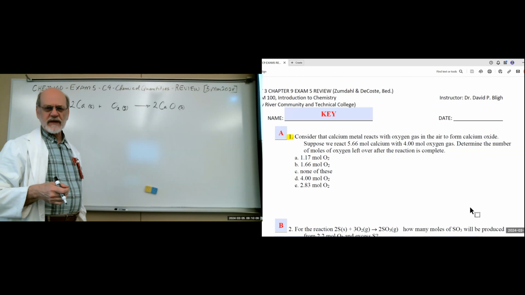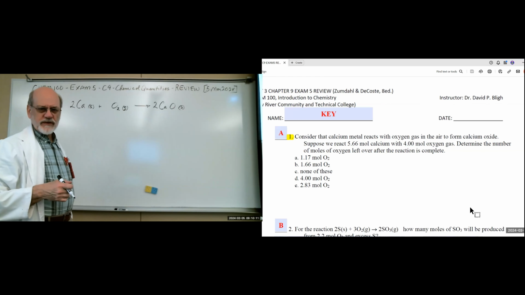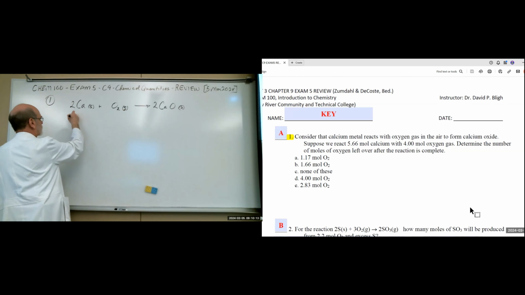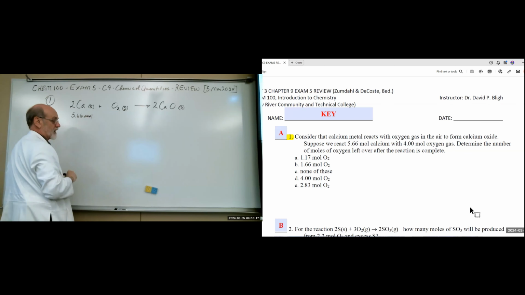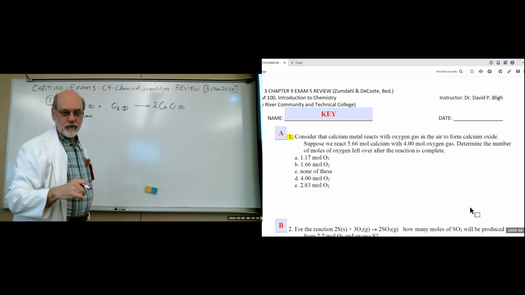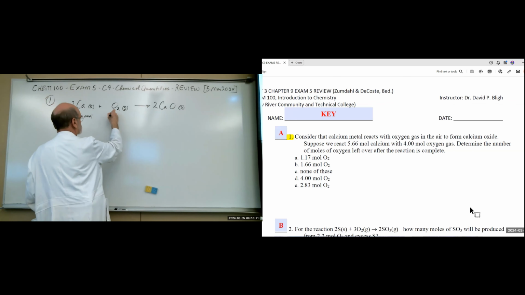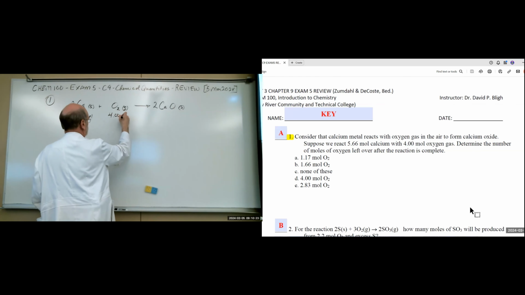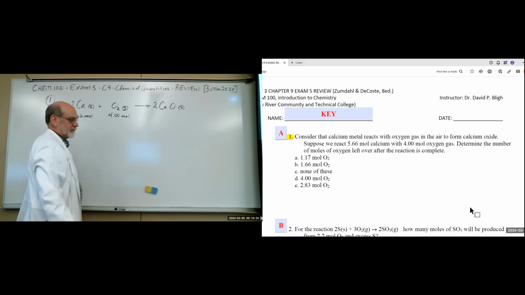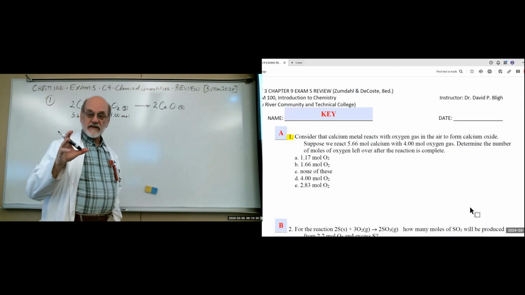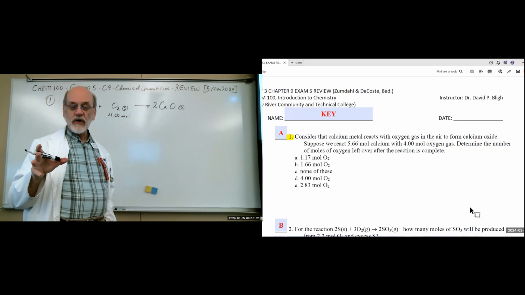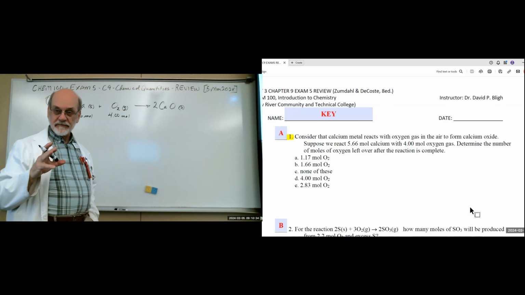All right, what does the problem give us? Suppose we have 5.66 moles of calcium. Okay, and we react that with 4 moles of oxygen gas. All right. The question is, how many moles of oxygen are left over after the reaction is complete?